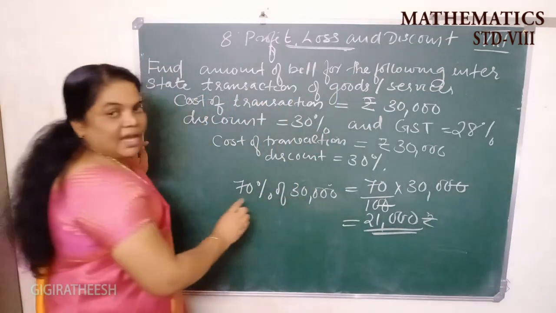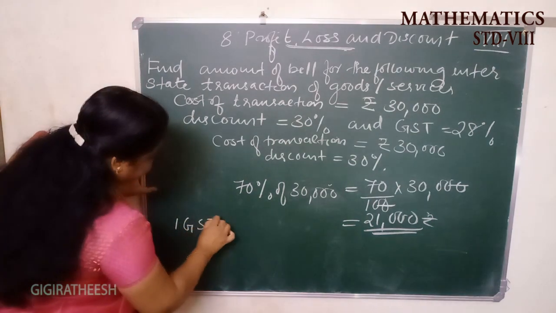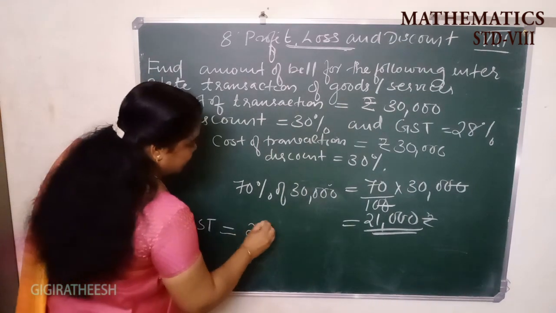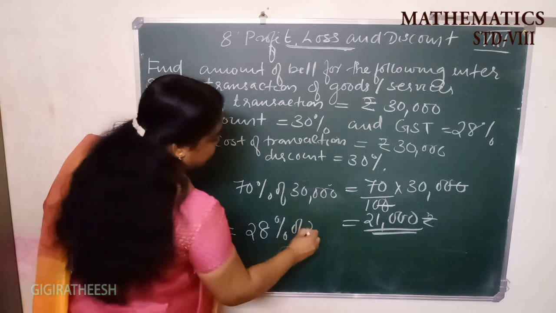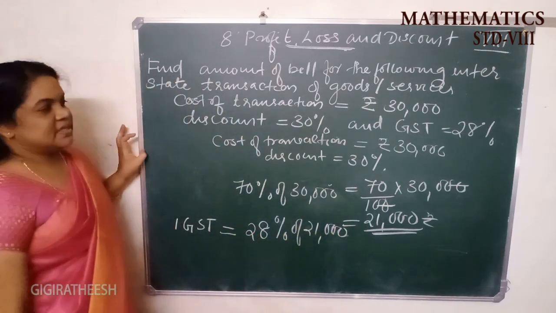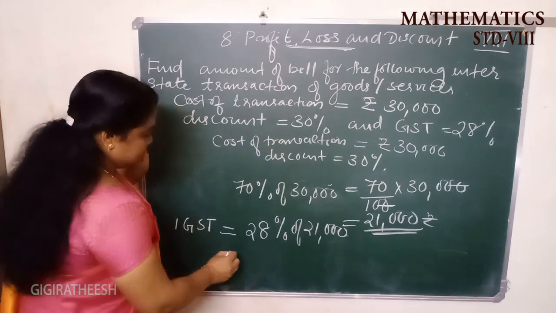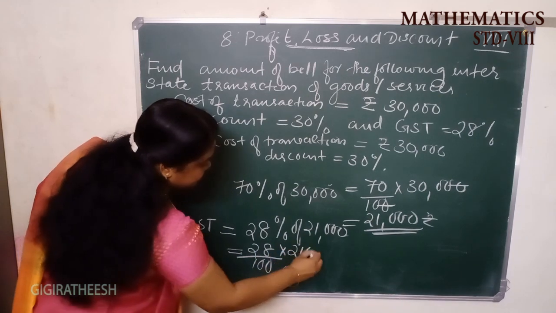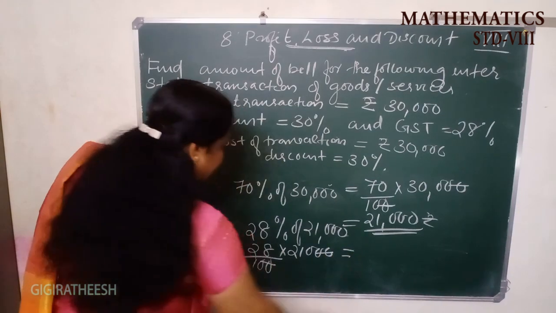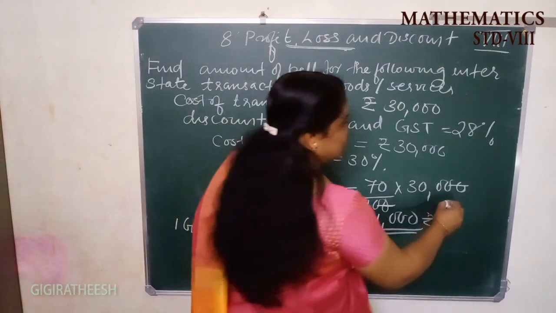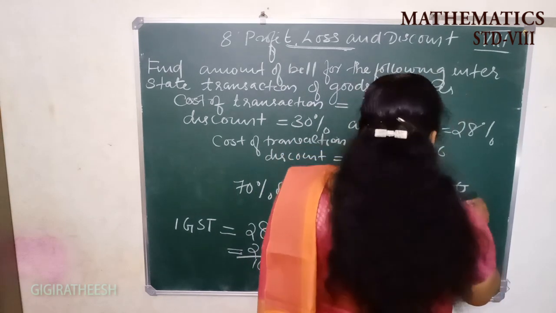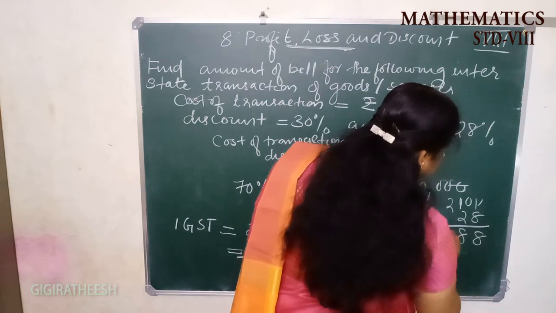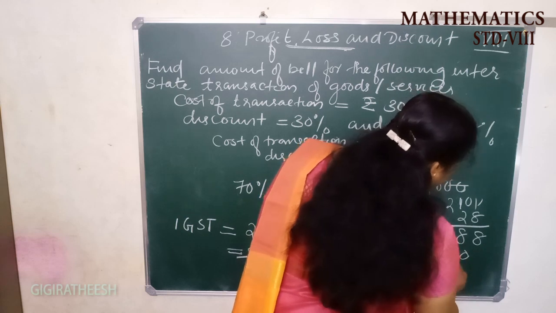IGST, that is GST, is equal to 28%, that is 28% of 21,000. 28% of 21,000 is equal to 28 by 100 into 21,000. Cancelling, we get 210 into 28.